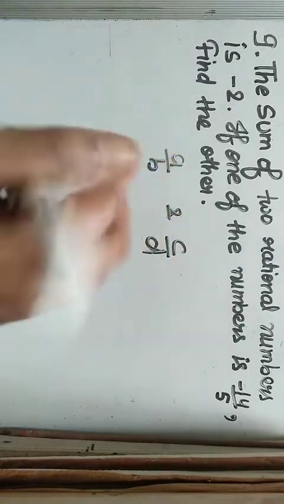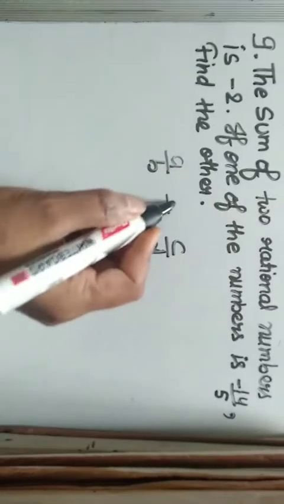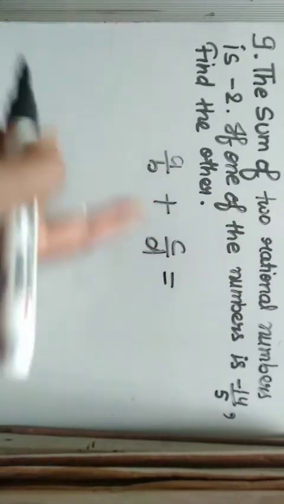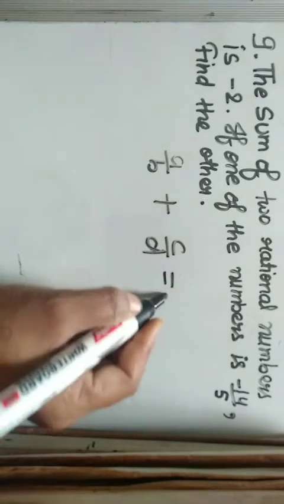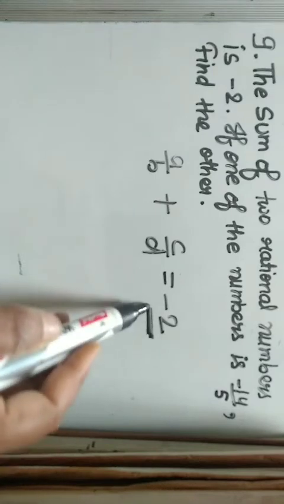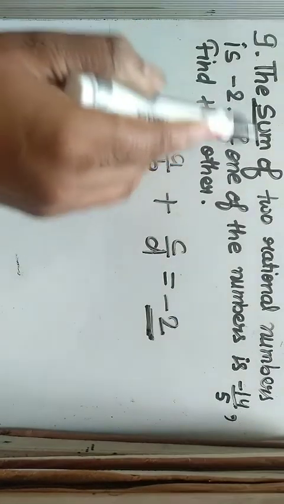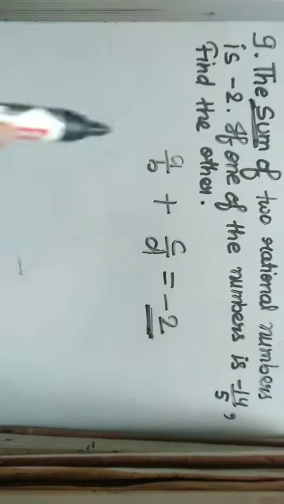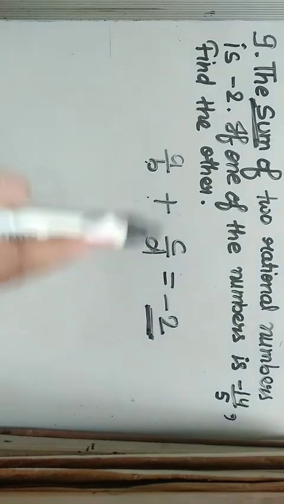When we add both the rational numbers, the value after adding is minus 2. The value after adding is known as the sum, and here also the sum is given. The sum of two rational numbers means when we add both, we get the value minus 2.